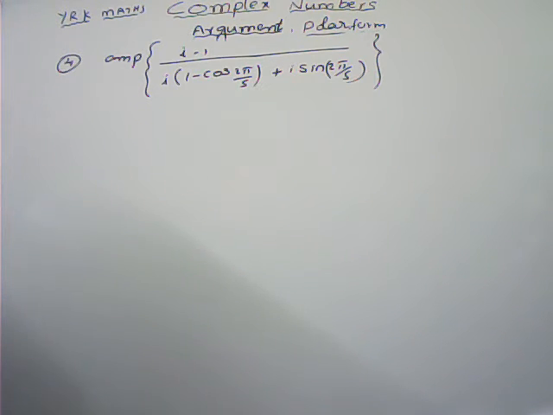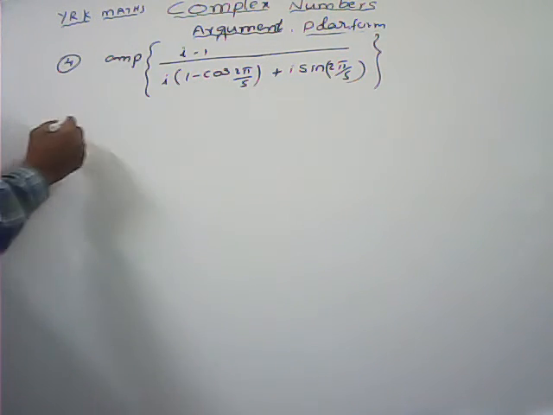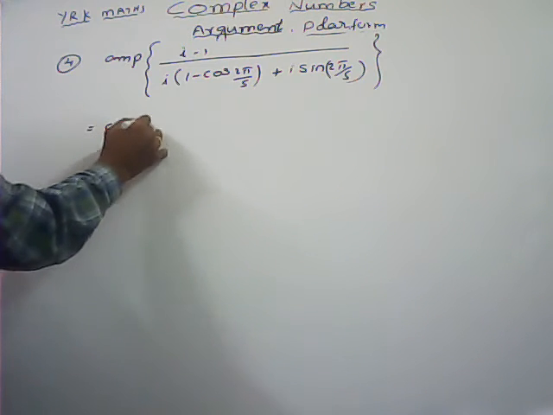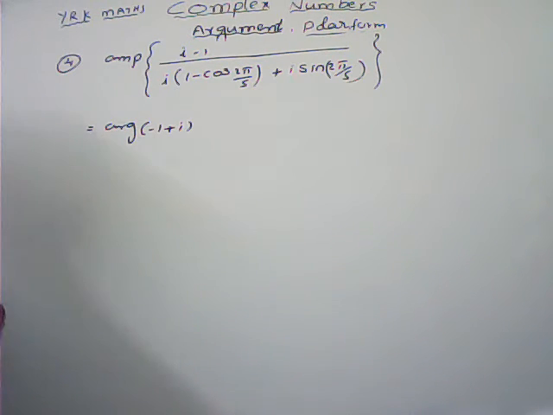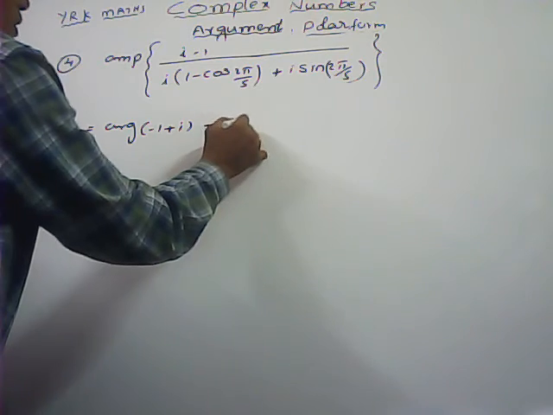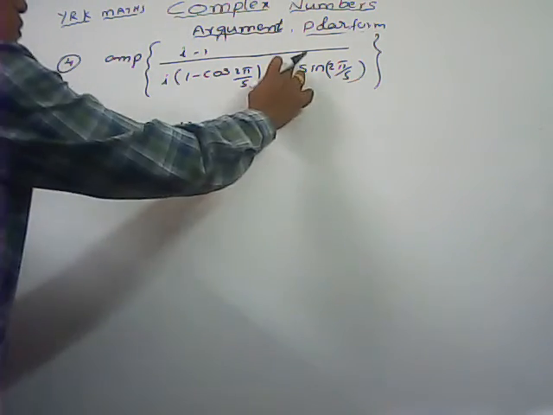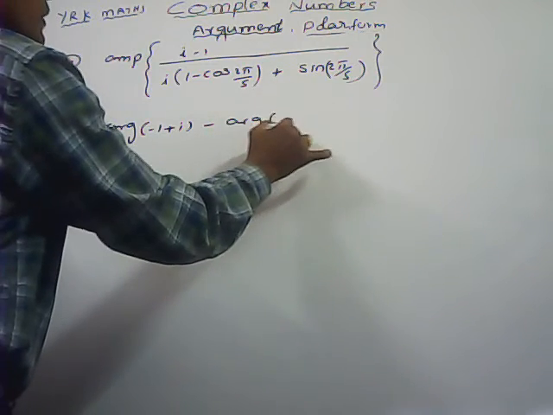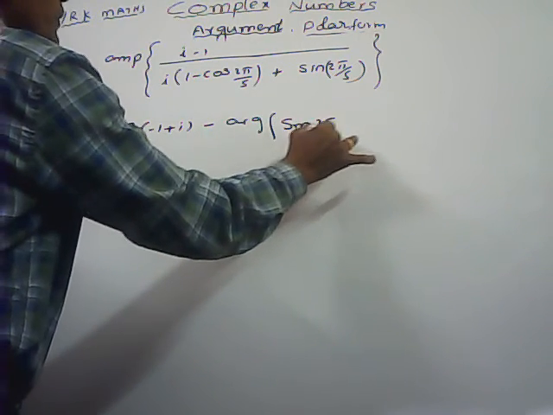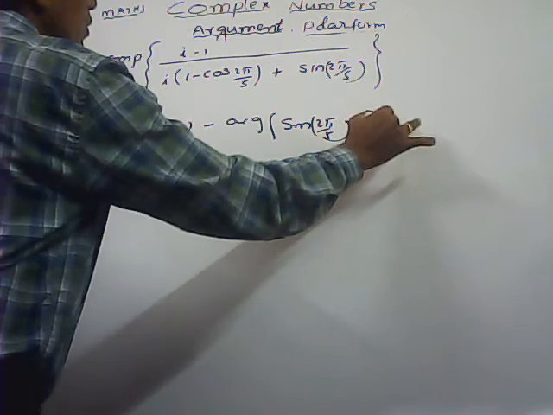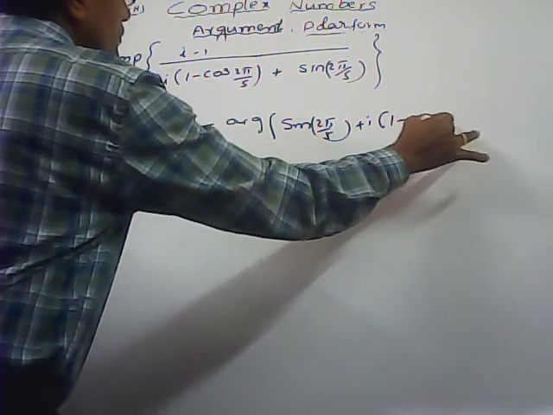Here argument and amplitude are both the same. Argument or amplitude, both are the same. Here amplitude, or you can write the argument, of this one. Argument of z1 by z2 we can write as argument of z1, that is minus 1 plus i, minus argument of z2, this is written, this is real part sine of 2 pi by 5 plus i of 1 minus cos 2 pi by 5.